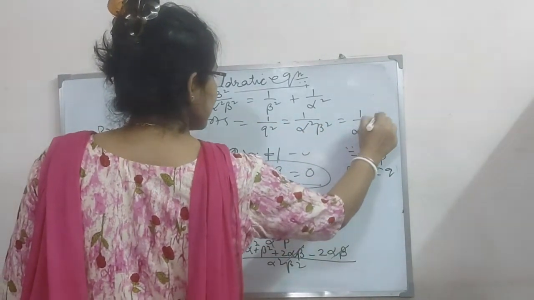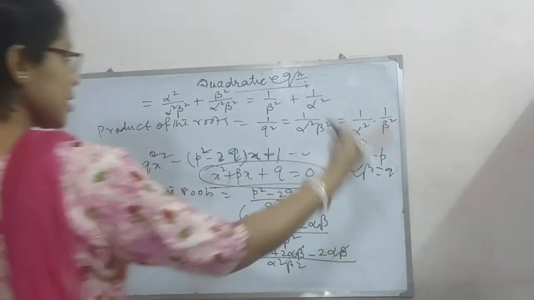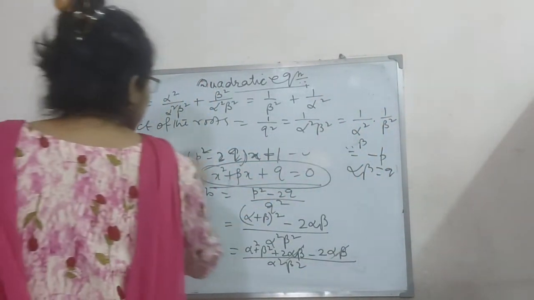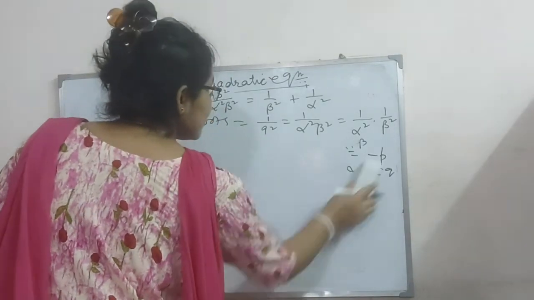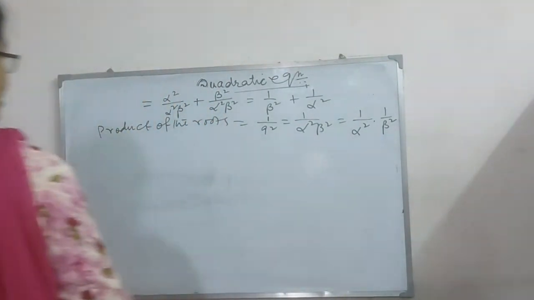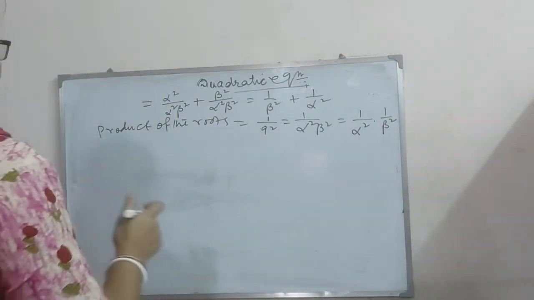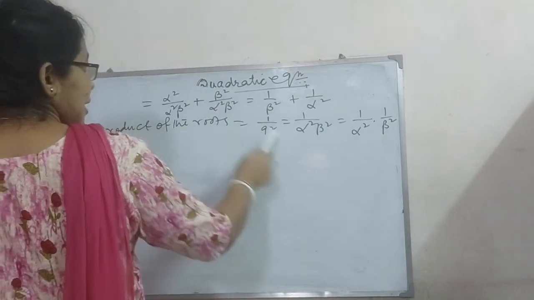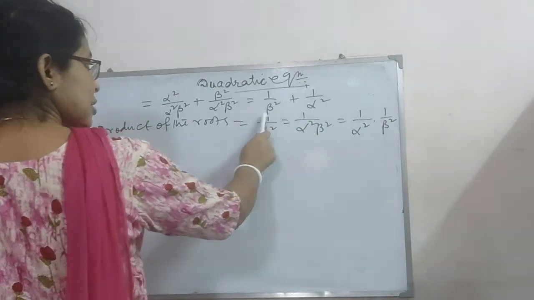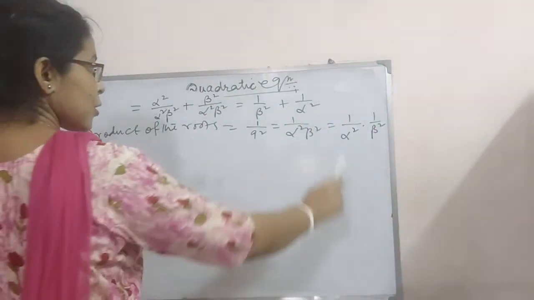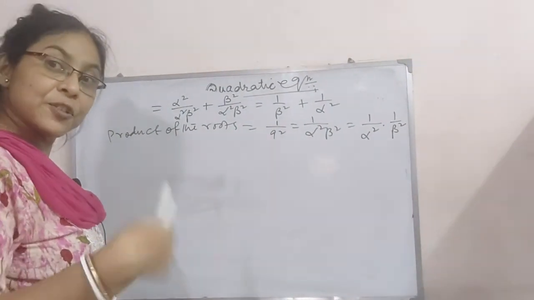So I can write it in this way, 1 by alpha square into 1 by beta square. So I can see sum of the roots 1 by alpha square plus 1 by beta square, and product of the roots 1 by alpha square into 1 by beta square.